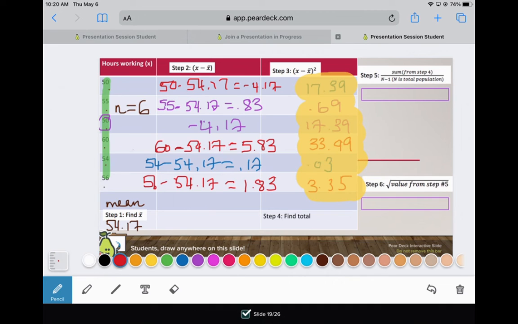So I will have 17.39 plus 0.69 plus 33.99 plus 0.03 plus 3.35. The total that I get would be 72.84. So that's step number 4. I add all of them up, and that gives me 72.84.